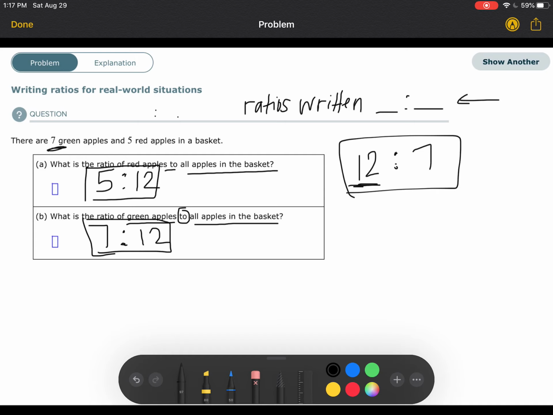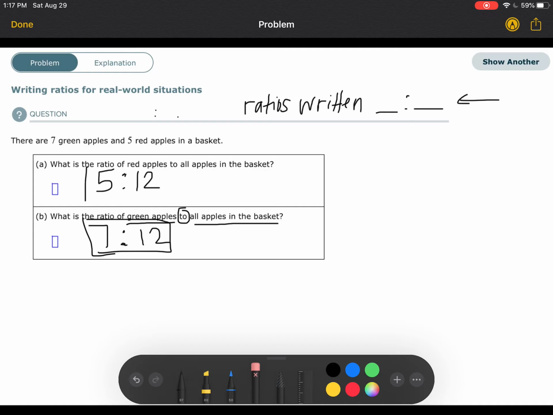And then I also have had people say, well, what order do I put it in? Okay, which is also a really good question, because a lot of times people don't know what it matters what order it's in. It really does. Because if you don't, then it's completely off and your answer will be considered wrong. So when you are reading the question, let me just erase this here.